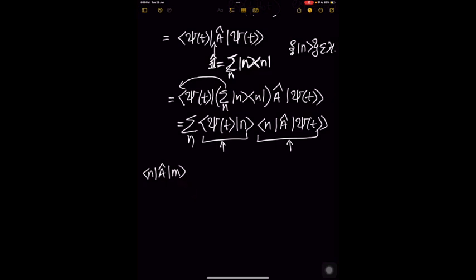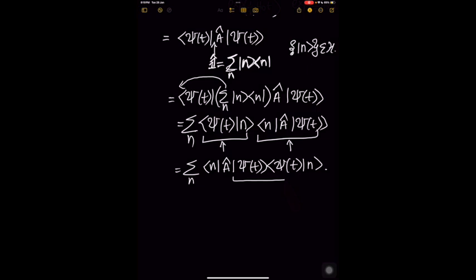So what I'm trying to motivate here is that both these quantities are scalars, so I can play around with their order. So I switch the order, I bring the right term to the left and the left term to the right. So by doing so, I will be able to perform a specific simplification.